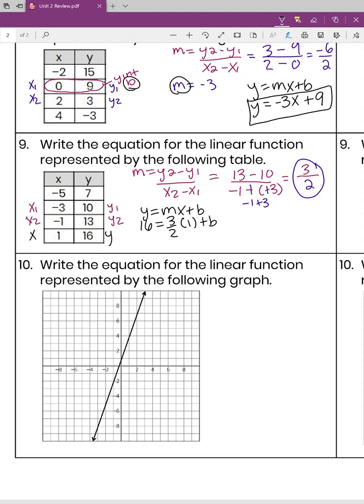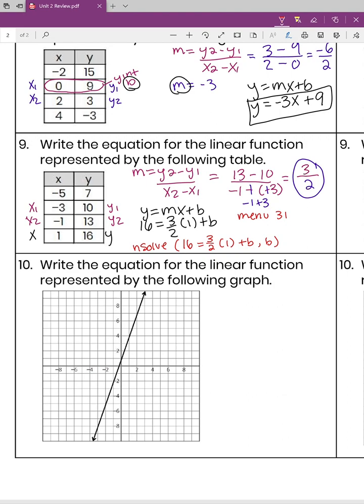So now what you can do on your calculator is type in this equation here, but use nsolve. So remember, nsolve is menu 3, 1. And so on your calculator, it would look like this. Nsolve, parentheses, 16 equals 3 over 2, parentheses, 1 plus b, comma b. And then you would hit enter.